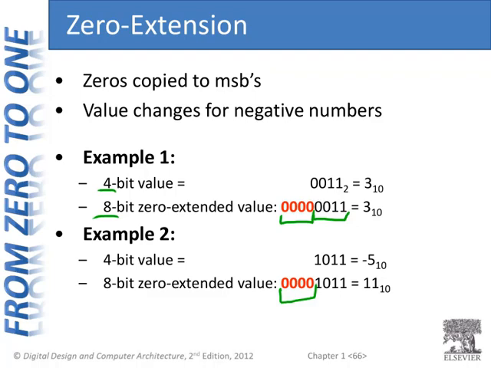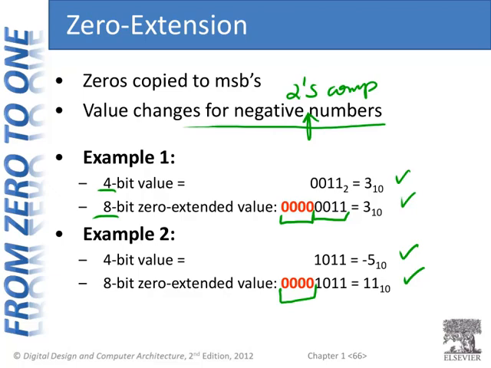So if this was a 2's complement number, if it's positive, no problem, the value is preserved. But if it were a negative number, now the value isn't preserved. The value changes for negative 2's complement numbers.